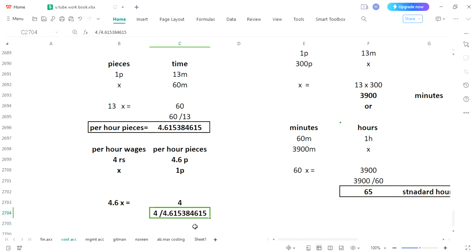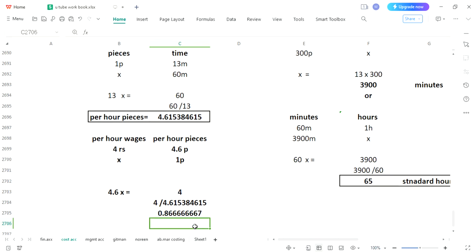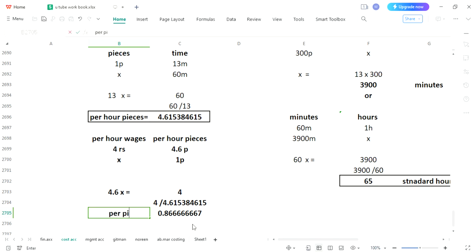Amount has been written, and now you can put it on your calculator, with which you can get your answer. So here we have got, what is it? Per piece rate we have defined.